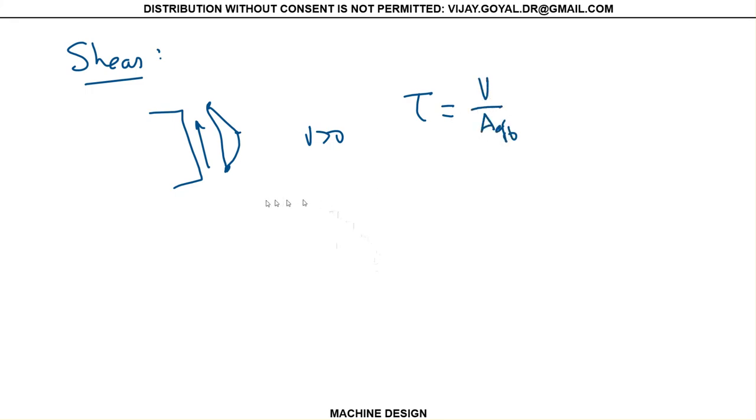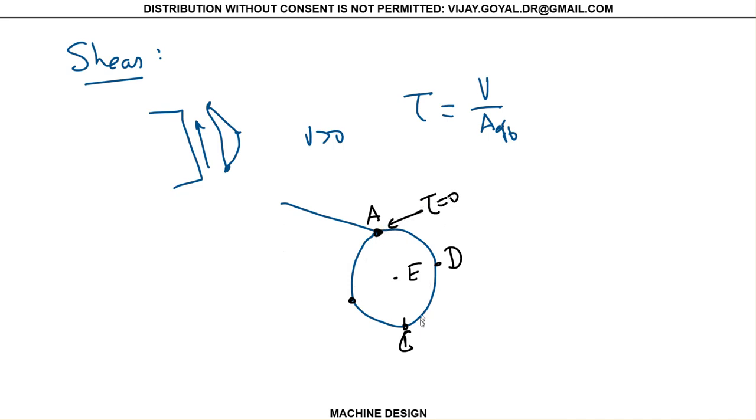If I draw this in my cross section, point A, B, C, D, and point E, at point A my tau is 0, and at point C my tau will be 0, because your shear stress distribution is 0 at the upper fiber and the lower fiber, and maximum in the middle.